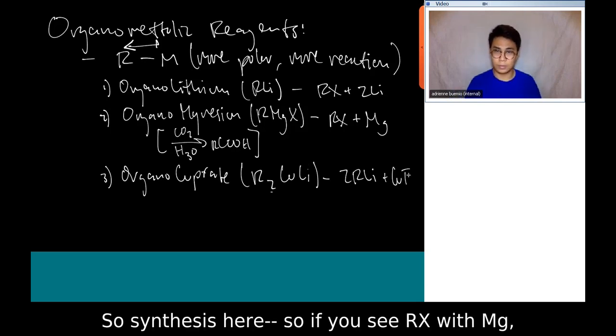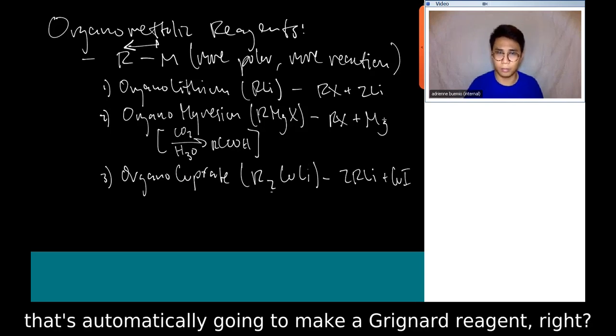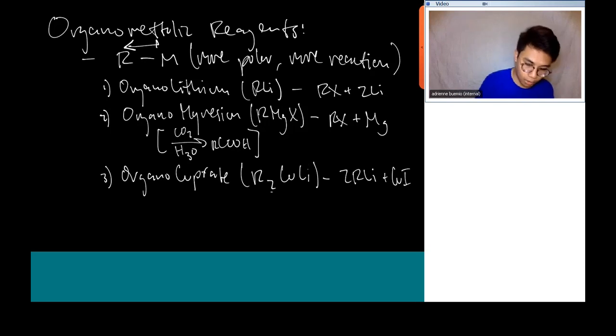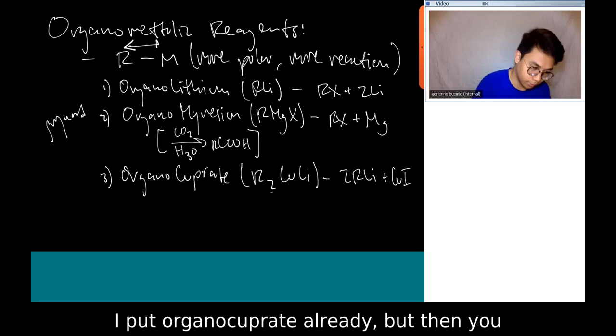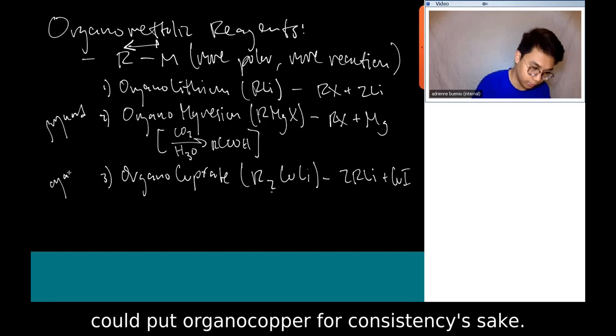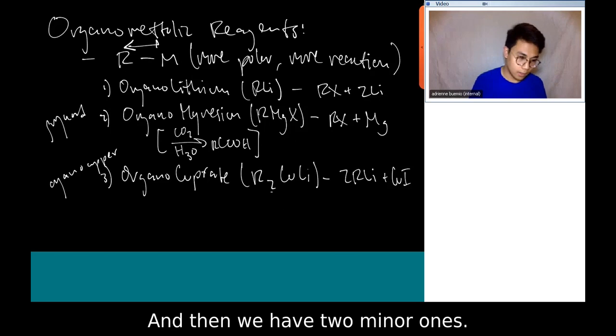So synthesis here: if you see RX plus Mg, that's automatically going to make a Grignard reagent. This is the Grignard. I put organic cuprate already, but then you put organocopper for consistency's sake.